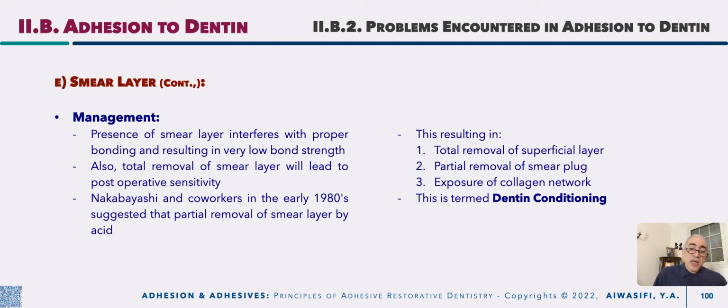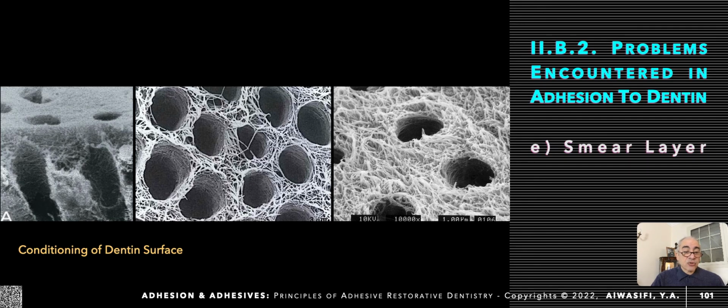This will result in total removal of the superficial layer, which is loose, partial removal of the plug, not all the plug, or even if it is all the plug now, with some systems I will seal it again, and exposure of the intertubular collagen network. Let us review these scanning electron micrographs. This is the dentinal tubule.